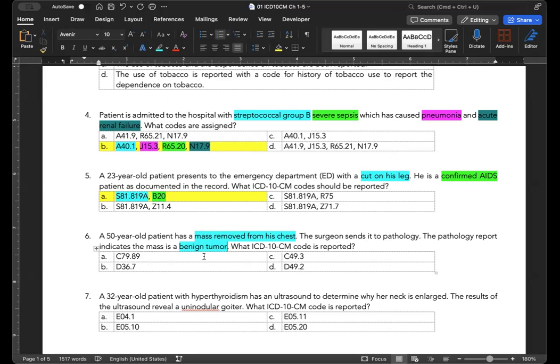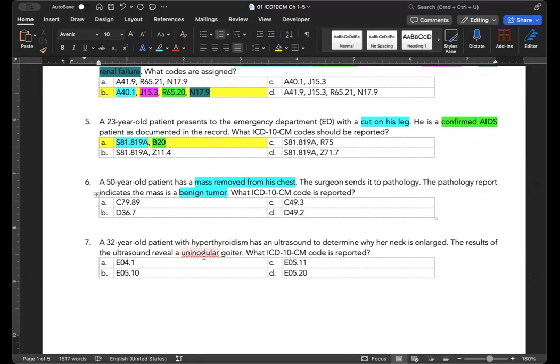So what code are we going to choose for this one? B. B as in boy or D as in dog?